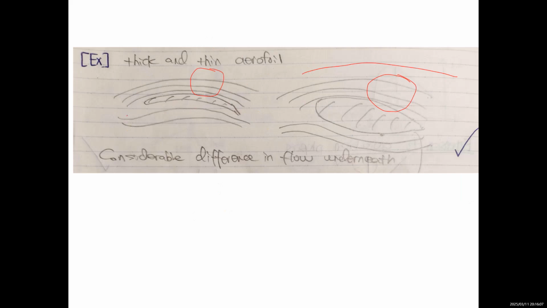For thin wings, the streamlines are mainly bending upwards as well, so there's higher pressure at the bottom, but for thick wings here, it's bending downwards. So actually, at this point, the pressure is smaller than the atmospheric pressure.